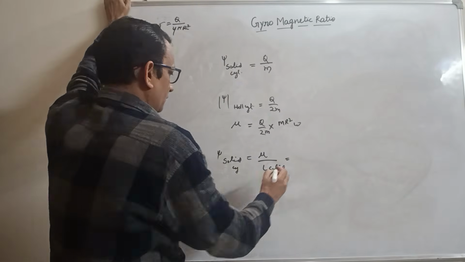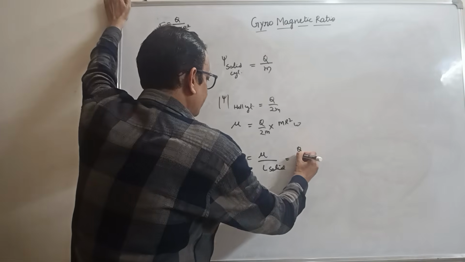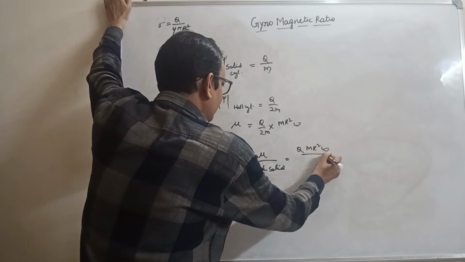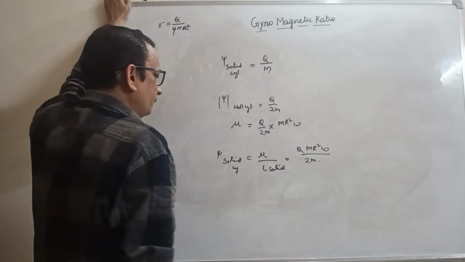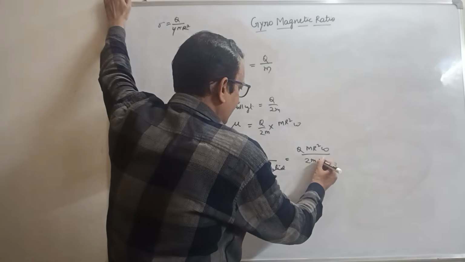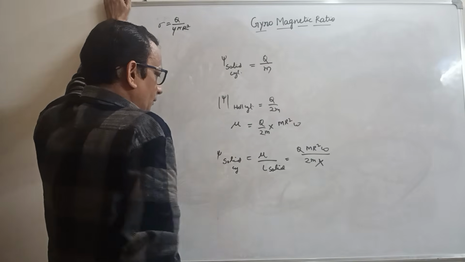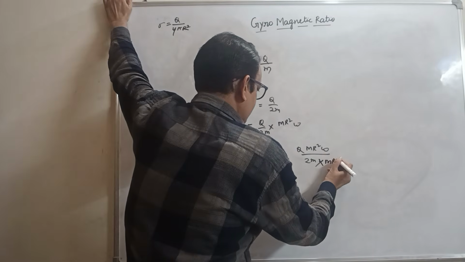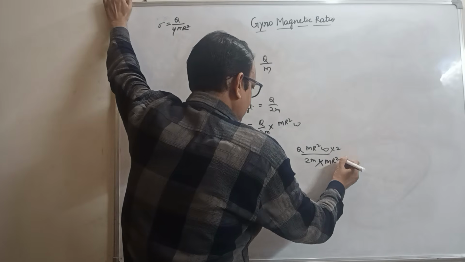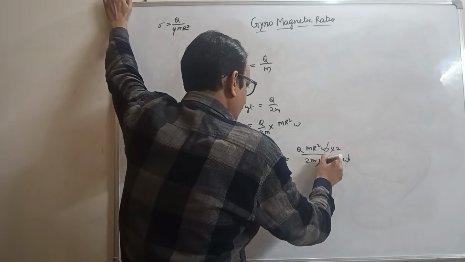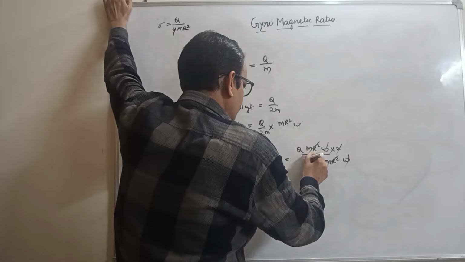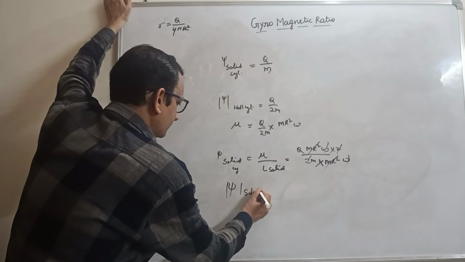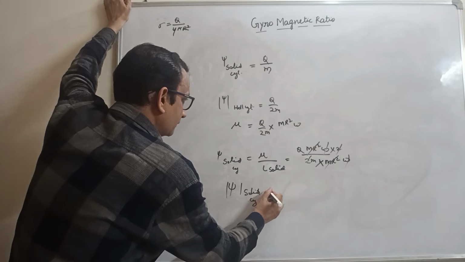We know mu is fixed for both cases, q m r square omega by 2m, and the angular momentum for a solid cylinder is I into omega. The moment of inertia for a solid cylinder is m r square by 2 into omega. Omega, m and r square cancel, and the 2 cancels. So for the solid cylinder this would be q by 2m.